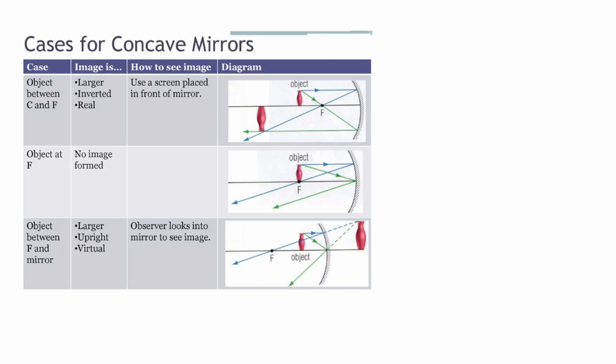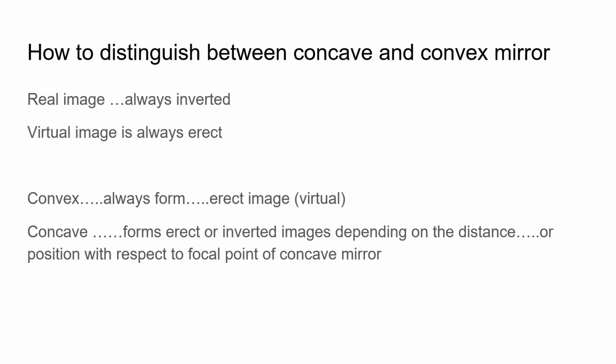So now, the characteristics of concave and convex mirrors make them easy to distinguish. One thing should be known: there are two types of images formed in mirrors. One is a real image, another is a virtual image.